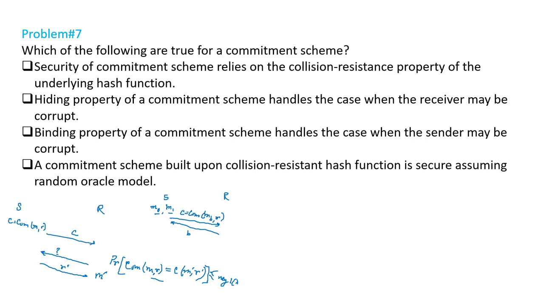Ideally, by seeing the commitment, the receiver should have no information about the underlying message M_B. So the commitment should not leak any information about the underlying message. That is the hiding property of a commitment scheme.